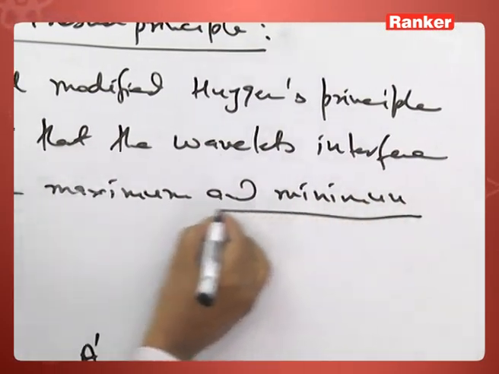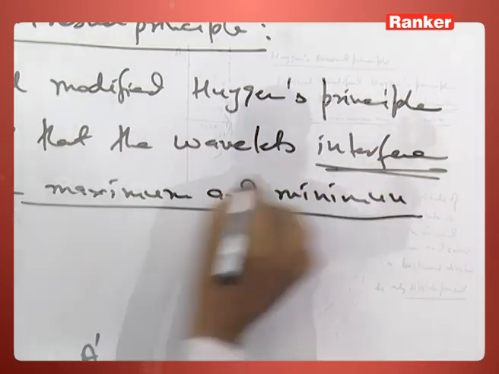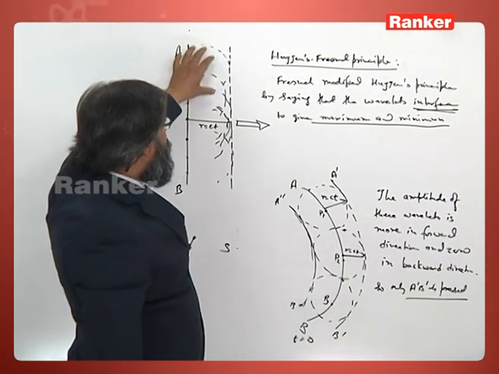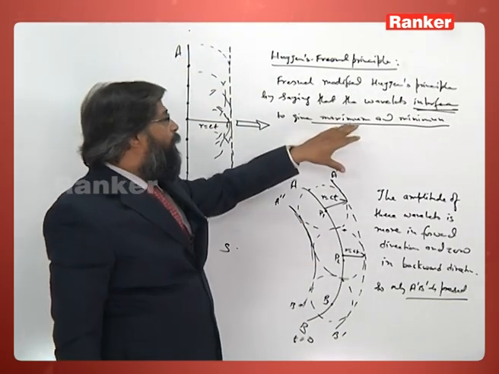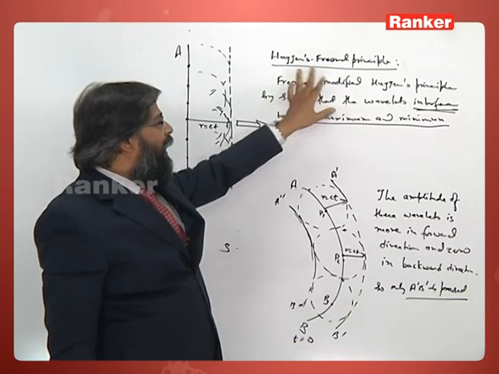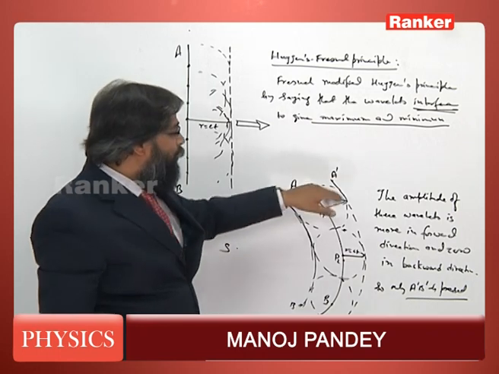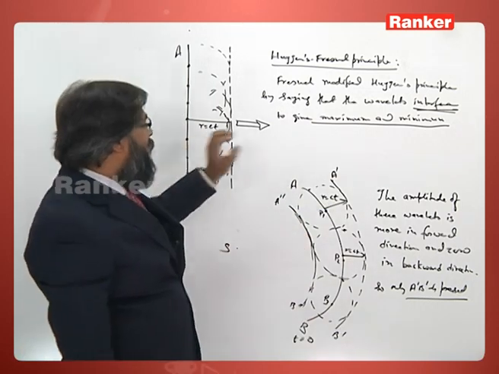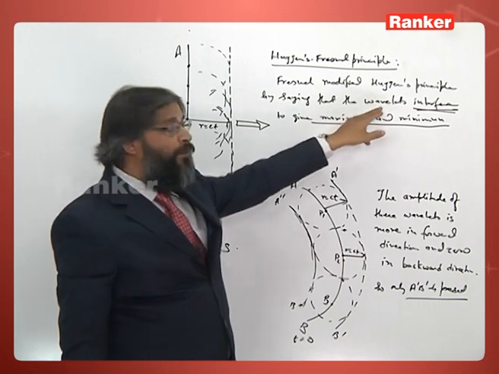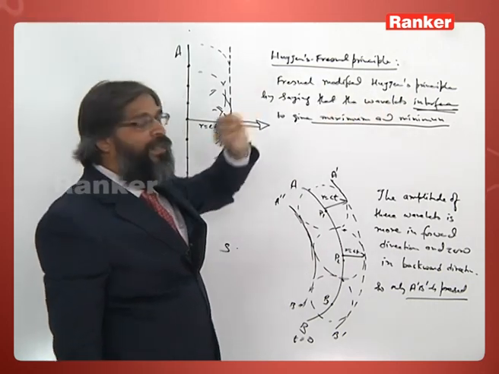That is, the phenomenon of interference was added. These wavelets interfere. So with these modifications, Huygen's Fresnel's theory could explain why the back wave is absent, why it is propagating forward like that. So the essential part is that wavelets interfere. This is the addition of Fresnel.